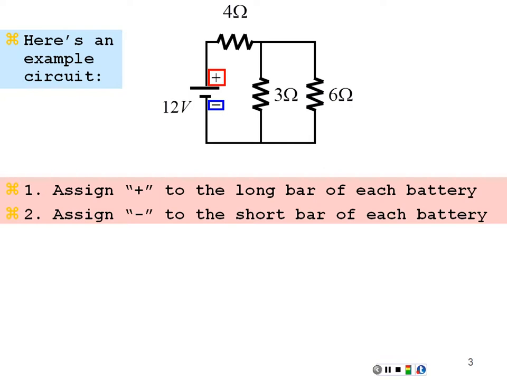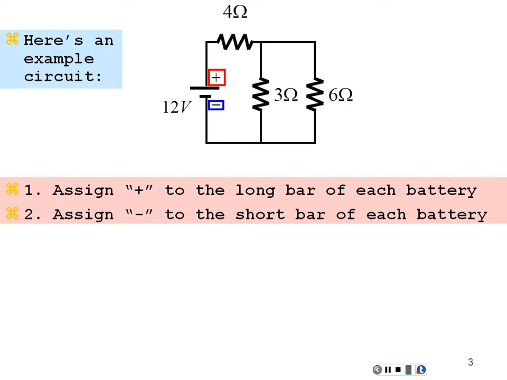Now here's the only arbitrary part of this whole analysis: you can actually choose any direction you wish for these currents. The only stipulation is that you must be consistent throughout the rest of the problem. Once you decide your current directions, you've got to stick to them and analyze the problem totally with your assumptions.